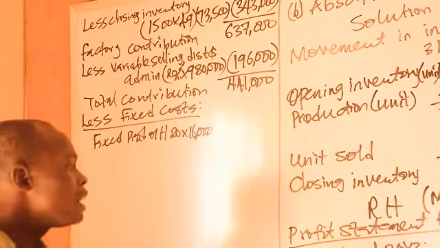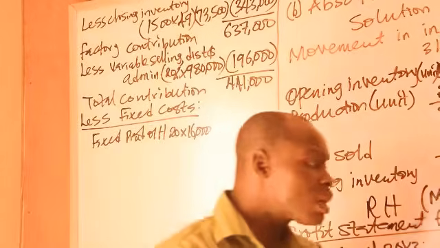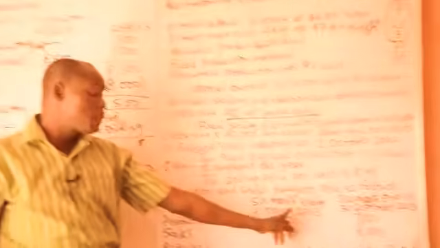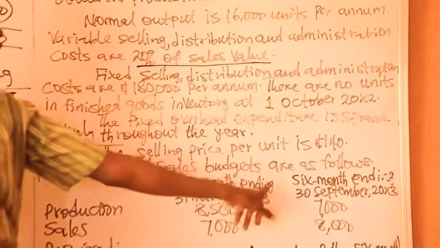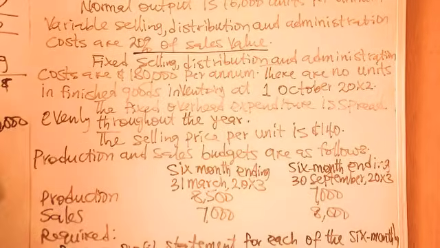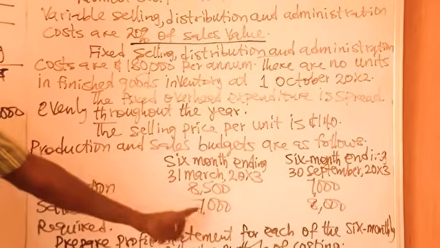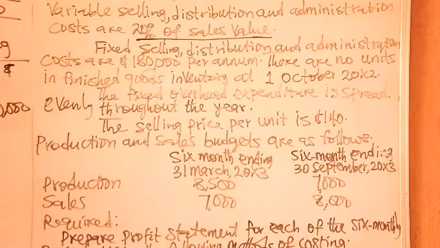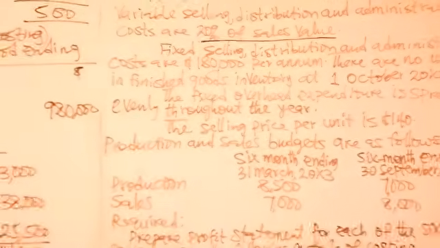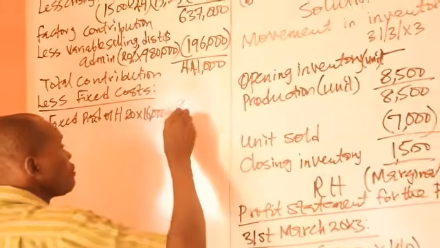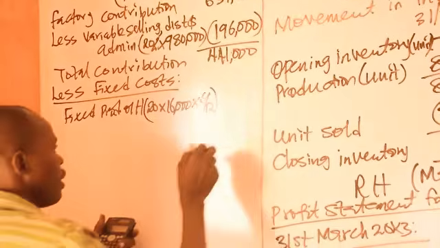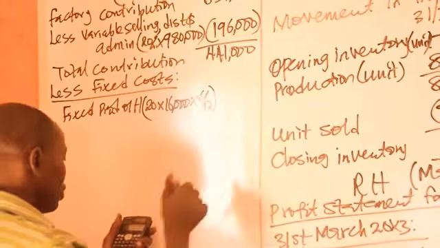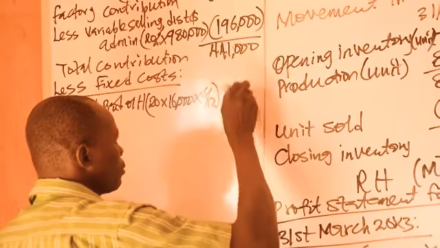But remember, this operating statement is prepared for 6 months ending. Therefore, it is the fixed cost that relates to 6 months that will be considered. So you have times 6 months out of 12 months in a year, and that will give us 160,000.